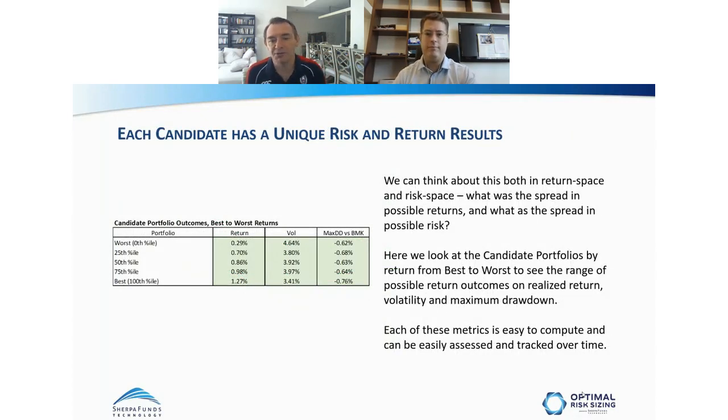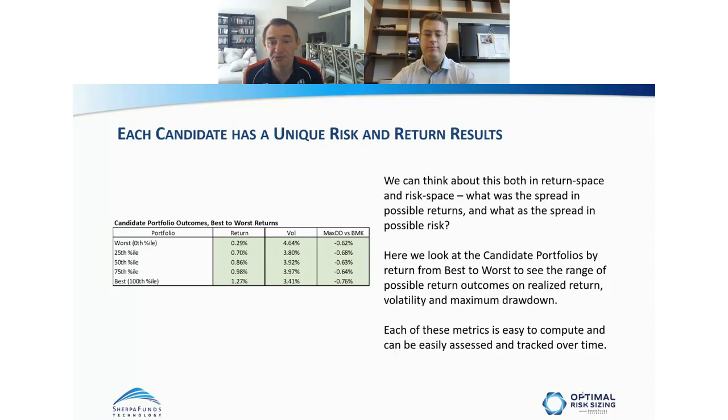So again, the picture tells 1,000 words, but here's the table of the words. We can look at the worst possible portfolio, and this is all ex post, so we know this for sure. The portfolio that performed the worst, the portfolio that performed the best. What's their overall return? What's their volatility? What's their relative drawdowns?